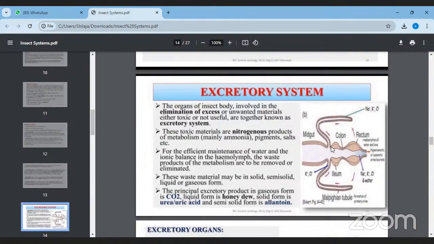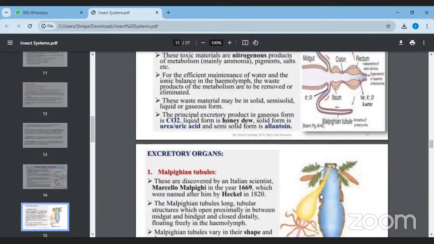Like I have shown you, the hindgut region means the colon and rectum will be there. In between the midgut and hindgut regions, these Malpighian tubules are present, that you have to understand.